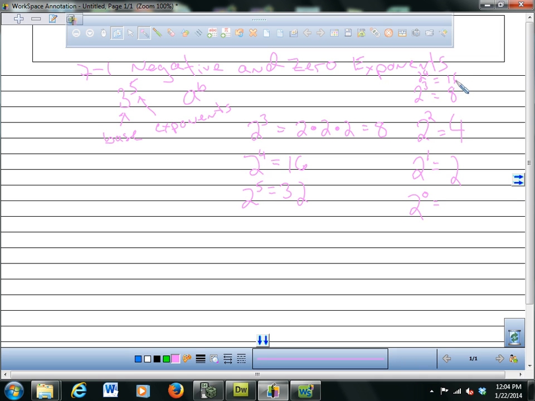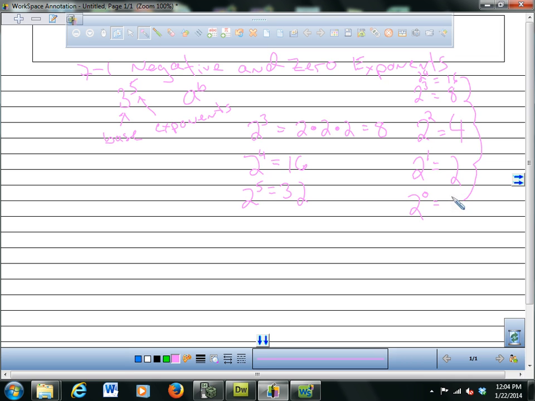What am I doing to get from here to here? Dividing by 2. The opposite of multiplying is dividing by 2, right? So 2 to the 0 power, to make things work, as these exponents are going down by 1, would have to be 1.